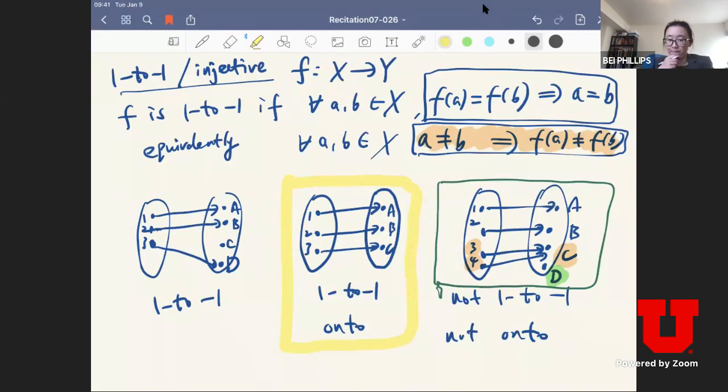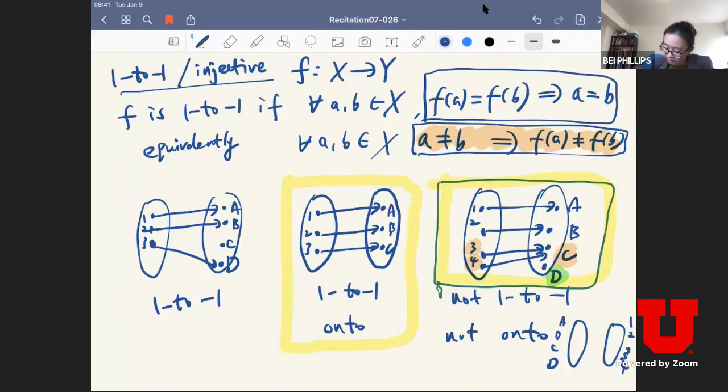But the problem with the third one, the rightmost picture, is that this is not an invertible function. Why? Because if I invert the direction, I'm going to take A, B, C, D, put it on the left, and 1, 2, 3, 4 on the right.